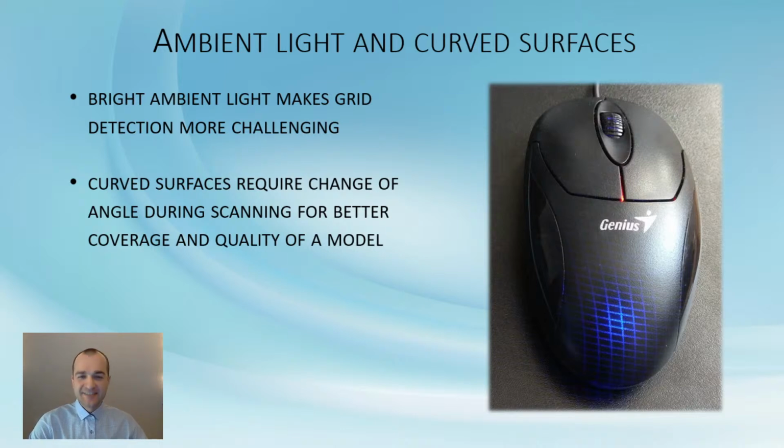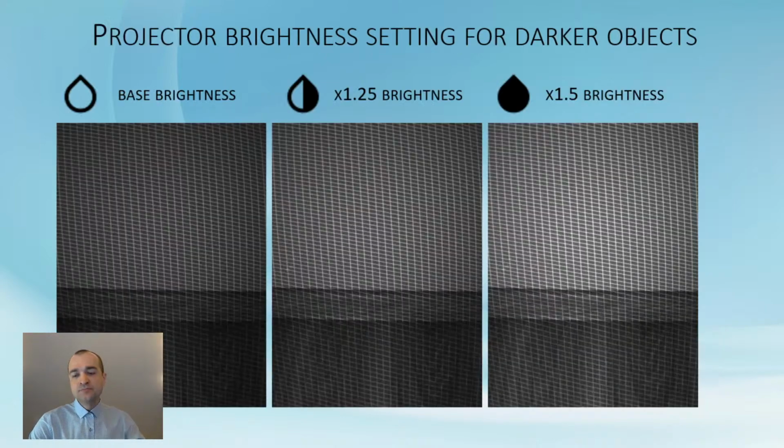Sometimes you still have to scan in areas where you cannot control lighting conditions, for example, or the object is just absorbing too much light. You can use our projector brightness option to make the grid a little bit brighter, so 50% in this case. You can see on the left is base brightness, which is basically enough for most of the objects here.